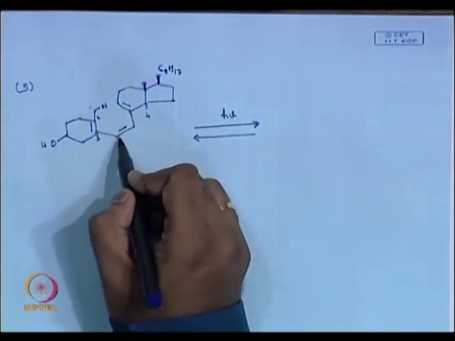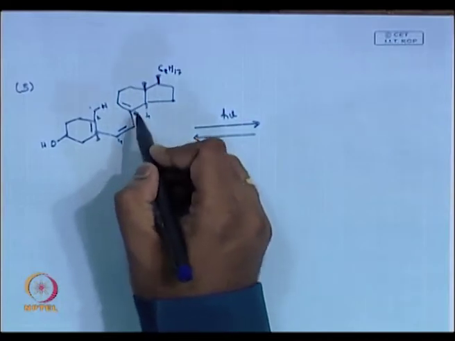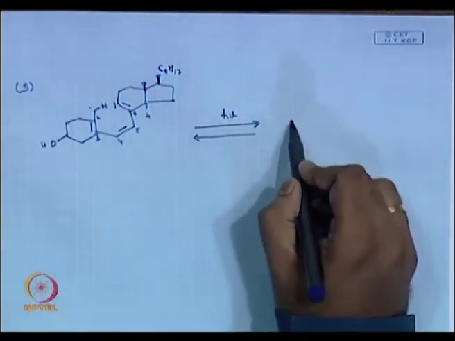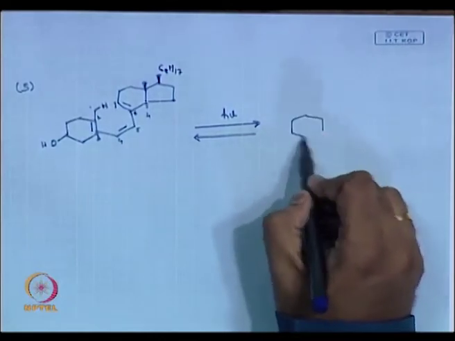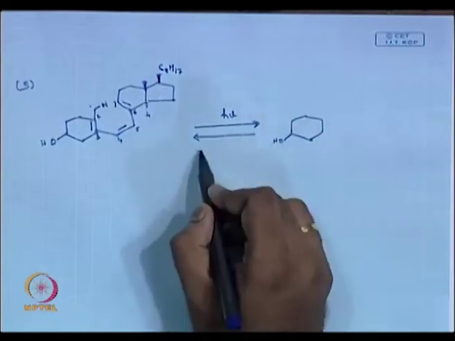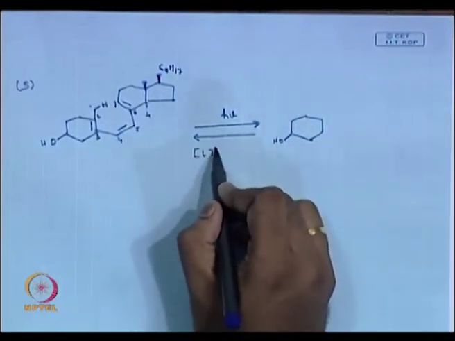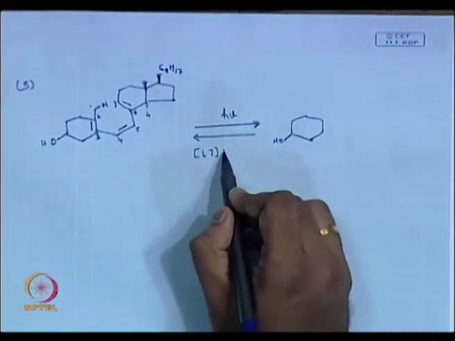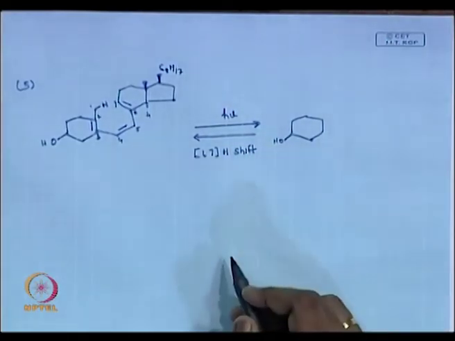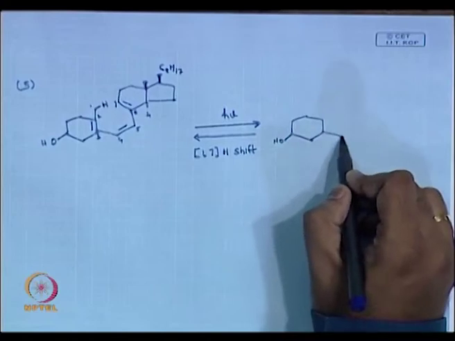Then a nice 1,7 hydrogen shift. So, is that antarafacial or suprafacial? That is very important. So, 1,7 hydrogen shift. What does your rule say?